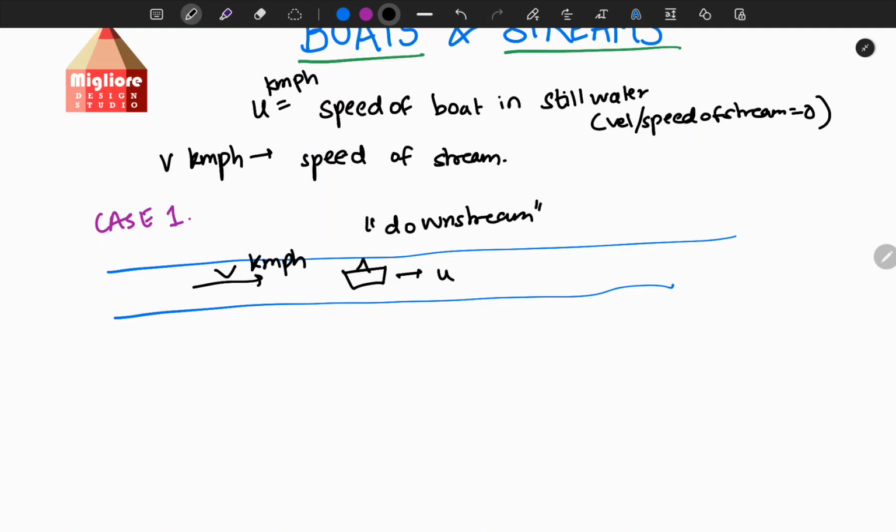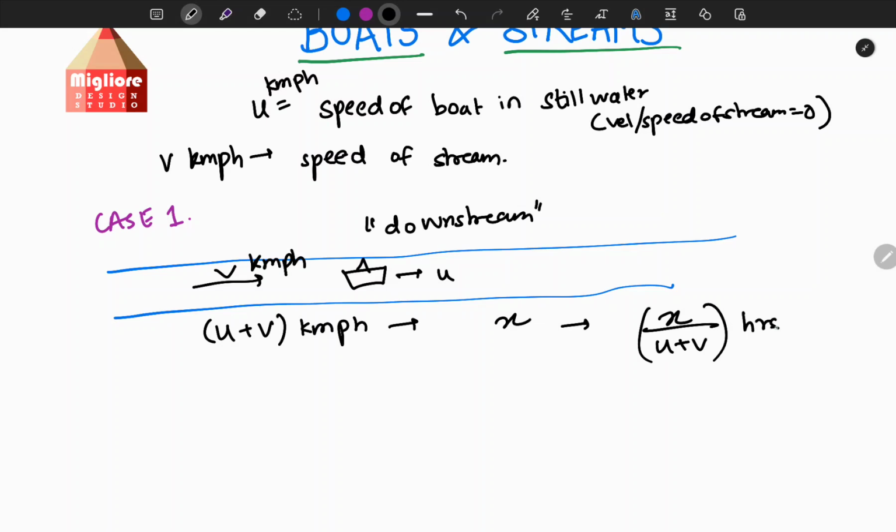All of that is not very important, but it just means that now the relative speed of your boat is u plus v kilometers per hour, which means to cover a distance of x kilometers, it will now require x upon u plus v hours, as opposed to just x by u if the stream hadn't been there.